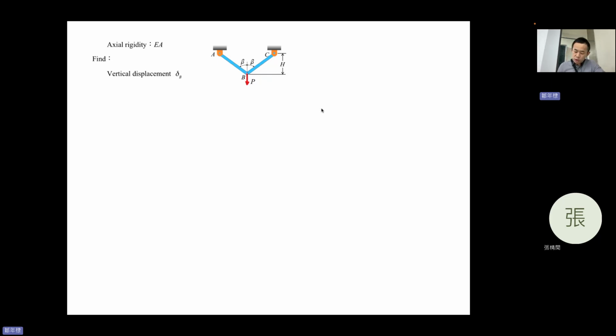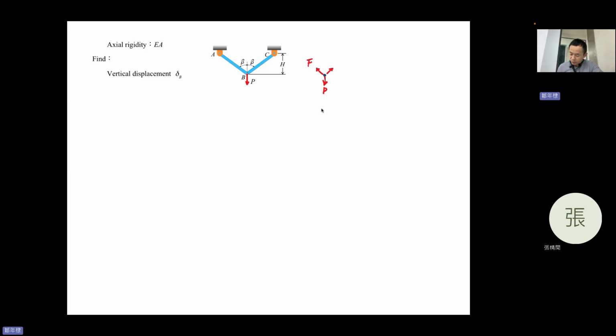So we're just going to cut it. We cut it and we have a force P downward, right? And because we cut it, we definitely will have a force because this is an axial member, an axial bar, right?